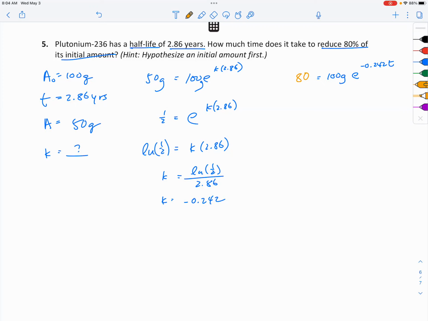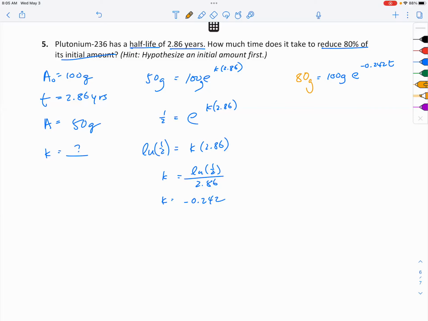Well, I mean, 80% of 100 grams is... you can make it less. So what number should it be? What's wrong with the 80?